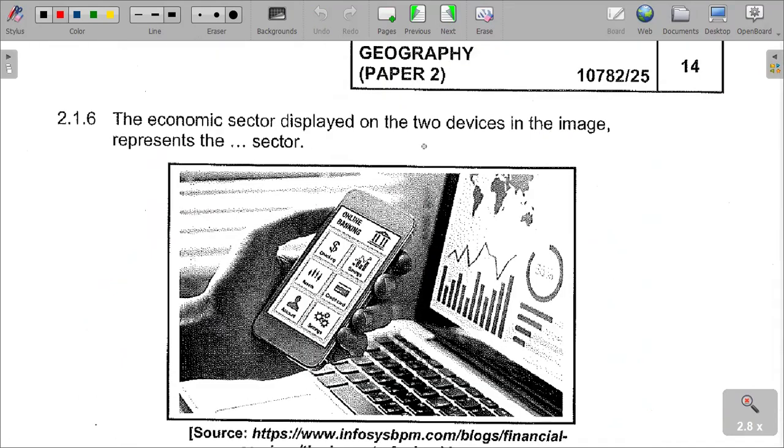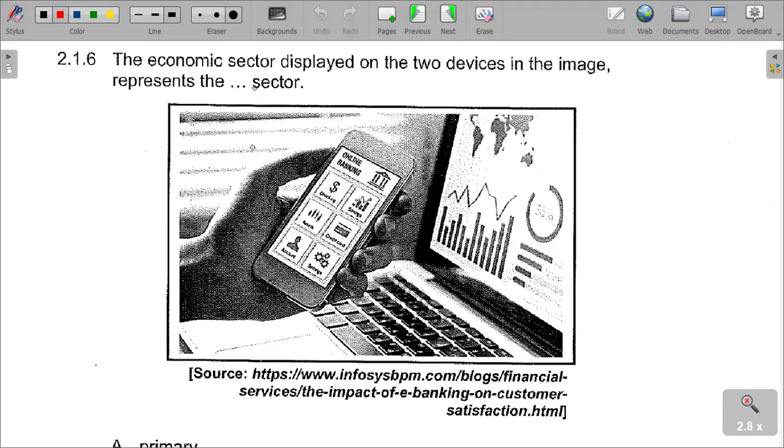2.6, the economic sector displayed on the two devices in the image represents the dash sector. It represents online banking.